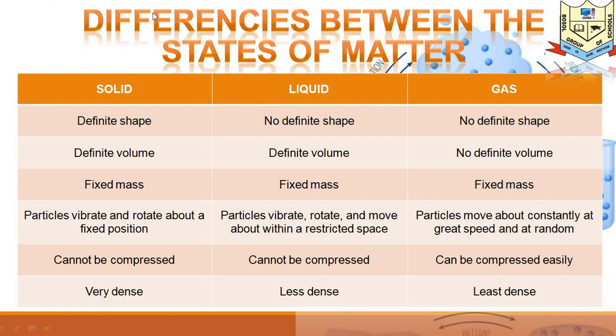Now we have the differences between the three states of matter. As I've explained earlier on, we have here solid, liquid, and gases. And as earlier mentioned, solid has definite shape. Take for instance your notebook.